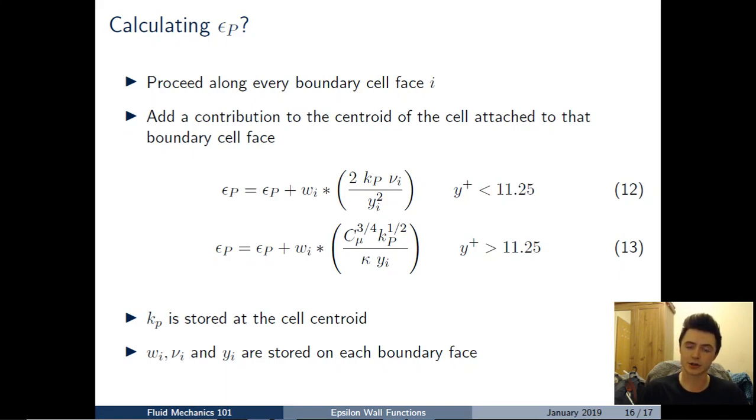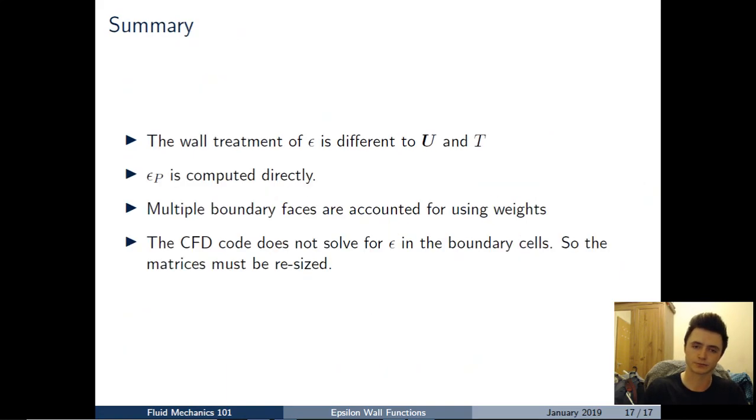However, the weights, the momentum, thermal diffusivities, and the wall normal distance, y, are stored on the boundary cell faces. And that's important to remember because each boundary cell face may have a different wall normal distance, different y plus, different shear stress. So hopefully with this treatment, moving along the boundary cell faces should help clarify how walls are treated in CFD codes for Epsilon and for all the other quantities.